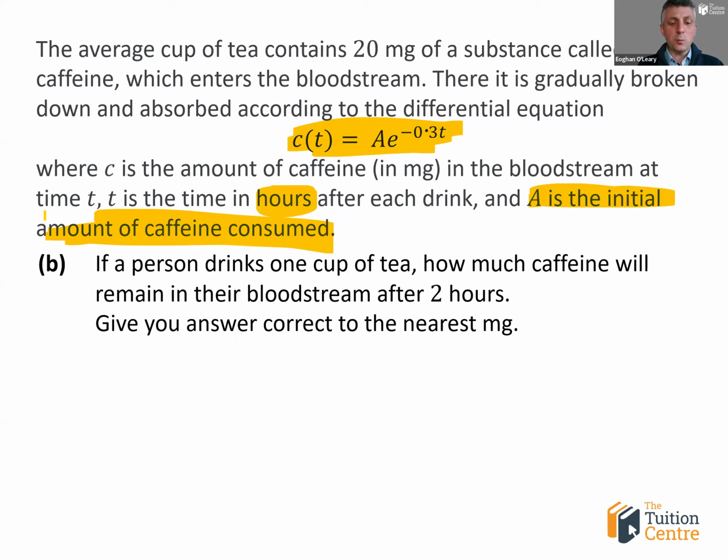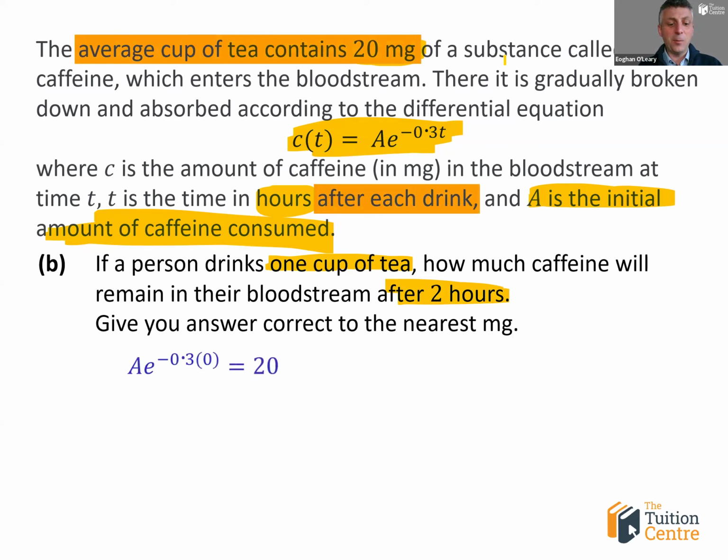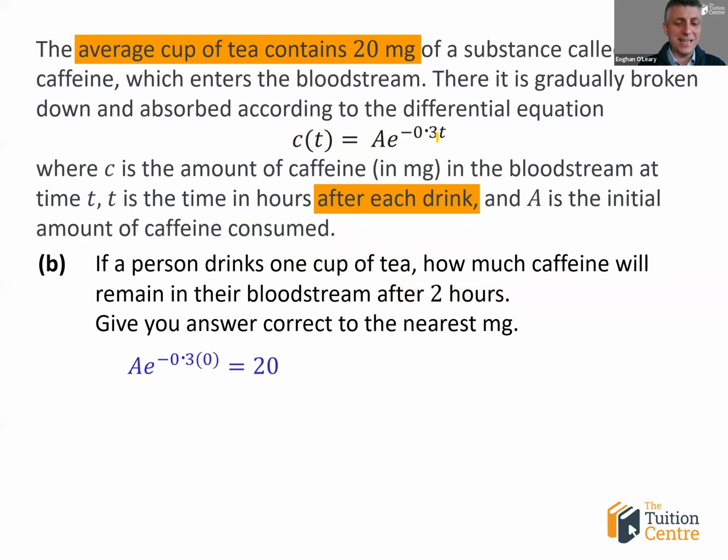If a person drinks 1 cup of tea, how much caffeine will they have in their bloodstream after 2 hours? Give your answer correct to the nearest milligram. So there's a very important clue up here that the average cup of tea contains 20 milligrams of a substance. So because of that, we know our function. And this is what I always say to students, this same trick takes place with this type of function all the time.